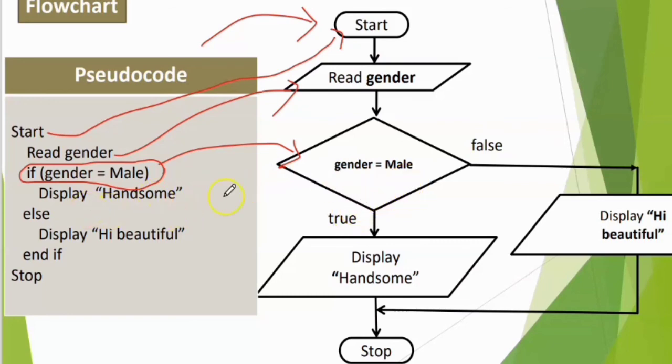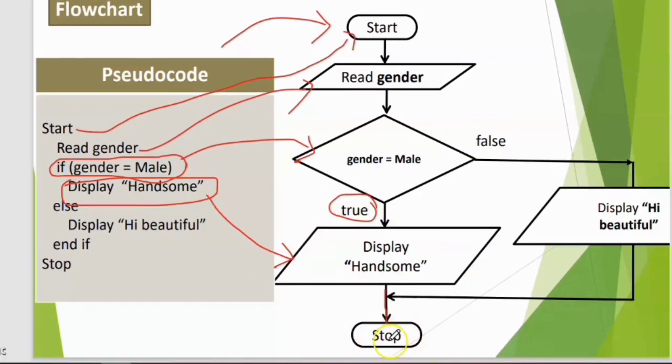If the condition is true, the computer will execute the first statement, display handsome. Remember, it's the first statement, so use the parallelogram shape. Don't forget to write true, and make sure you direct it to the stop.